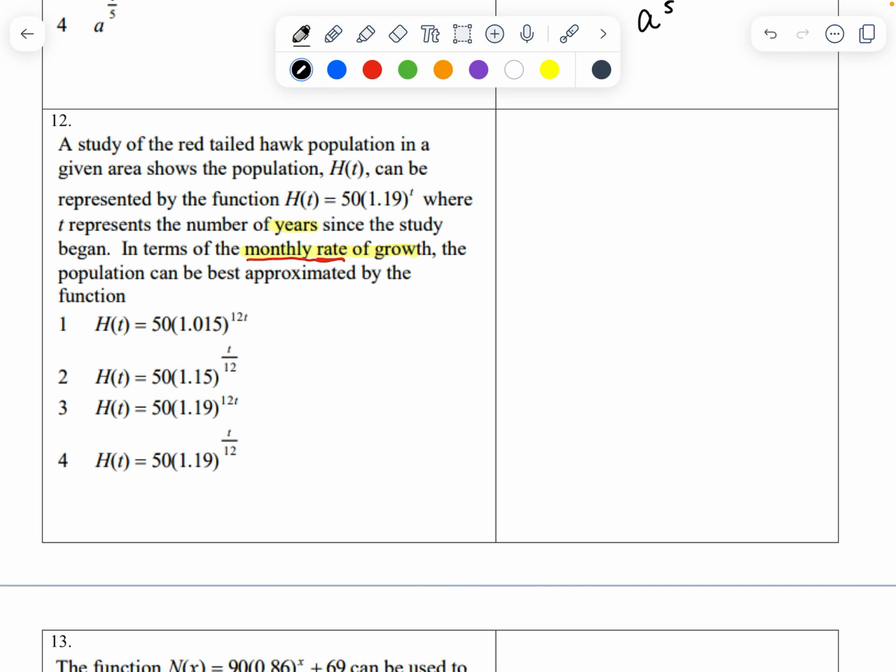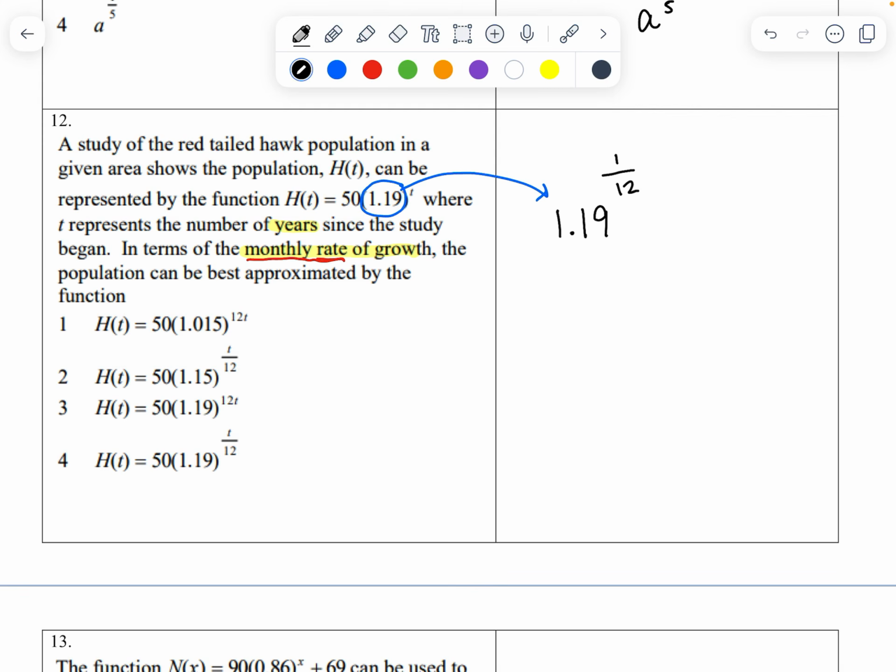This is a very, very popular question, and what happens is that we need to take whatever's inside that and change it. The rule is that whatever's inside those parentheses, you're going to raise it to whatever the unit rate is. So if you're going from years to months, there are 12 months in a year.